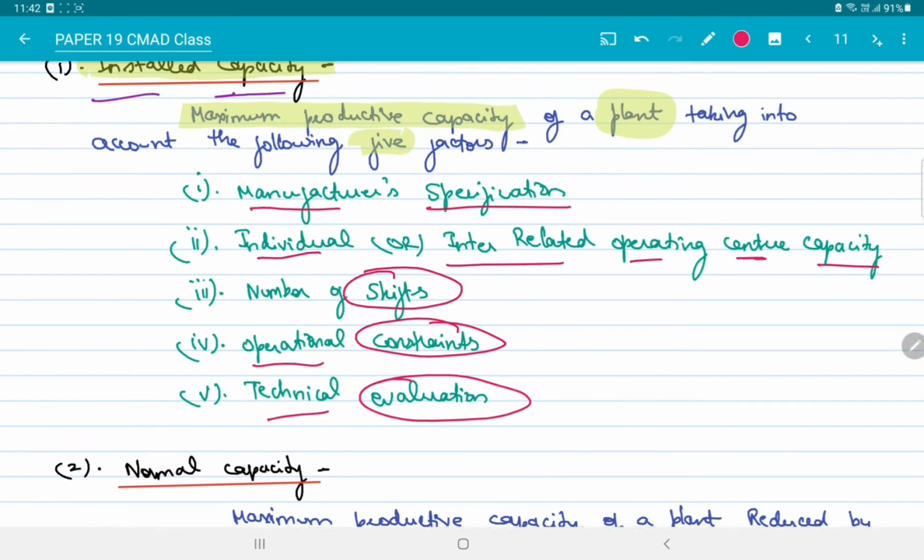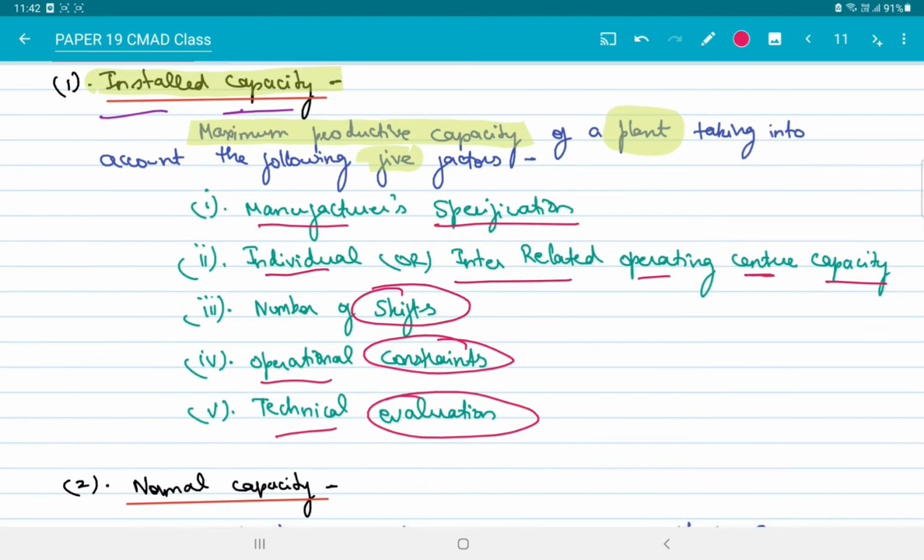After taking into account the 5 factors, the maximum productive capacity of a plant is fixed. That is called installed capacity.